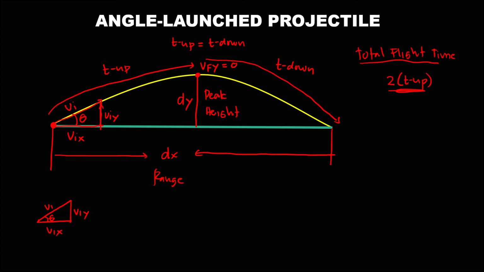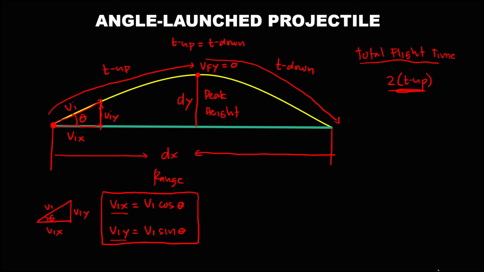From this right triangle, using the trigonometric function, we can find the initial velocity for x using this formula, the initial velocity times cosine theta, and to find the initial velocity for y, we have the initial velocity times sine theta. So these are the two formulas to find the initial velocity for x and the initial velocity for y.